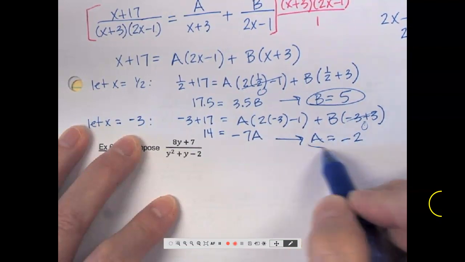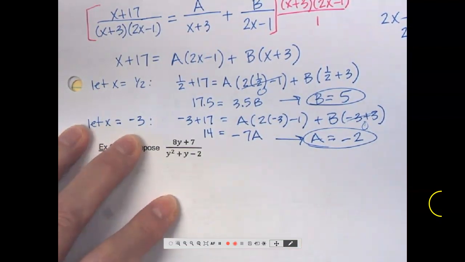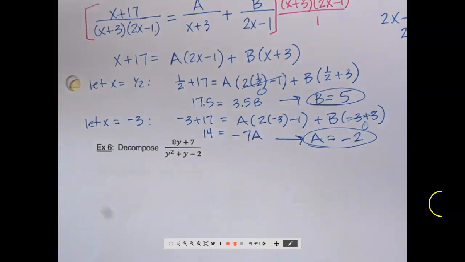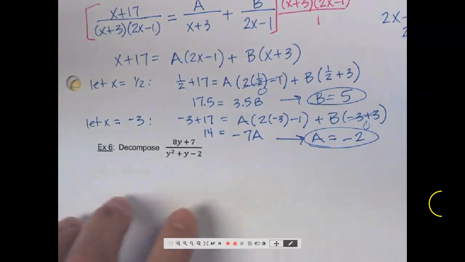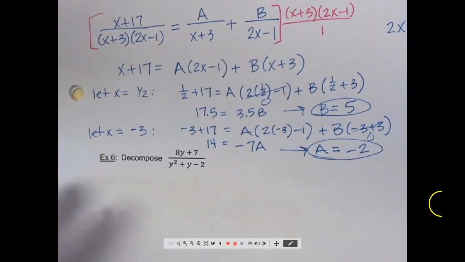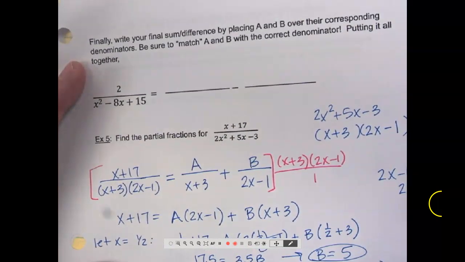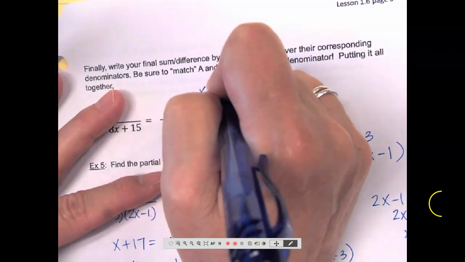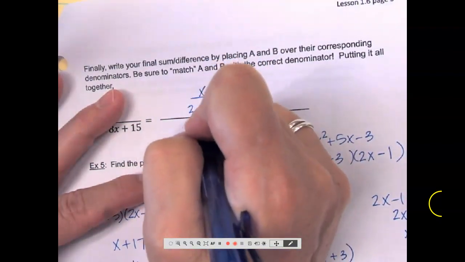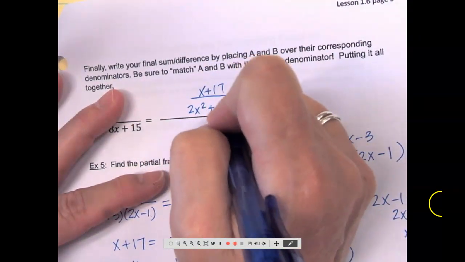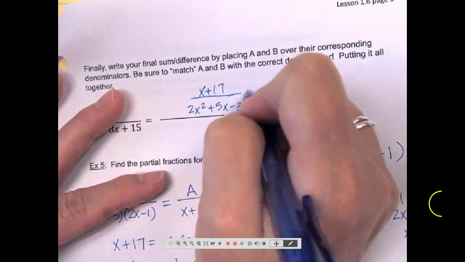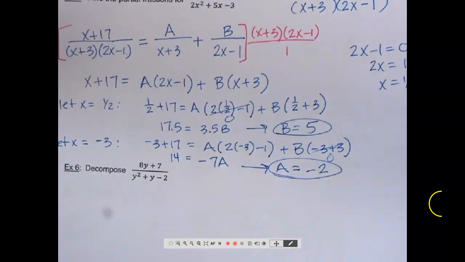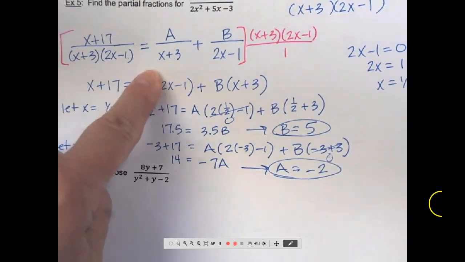Negative 2. Okay, and I'm going to go back above this problem because I did not give myself enough room where I wrote too large, and I'm going to write this fraction again. Okay, so I'm going to have x plus 17 over 2x squared plus 5x minus 3 is equal to, now the way we set it up, we put a over x plus 3.